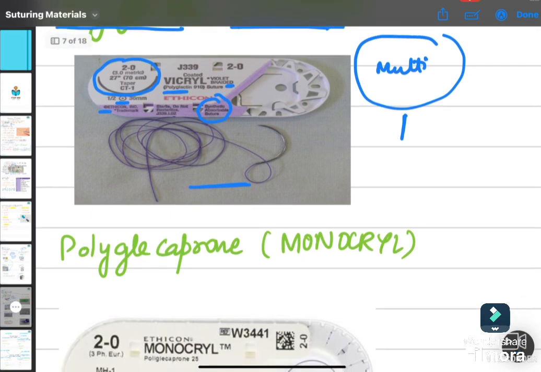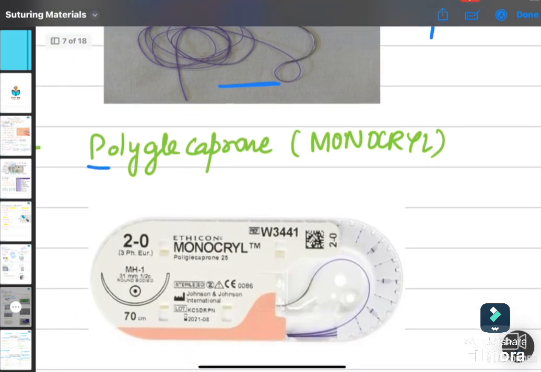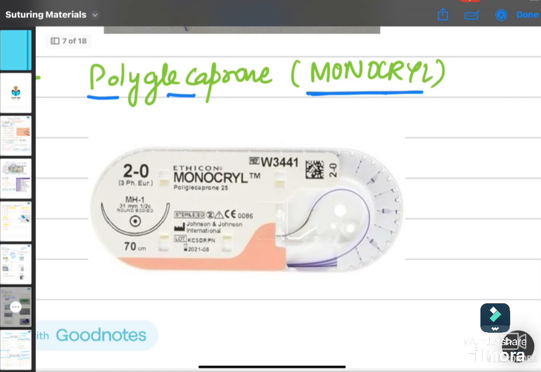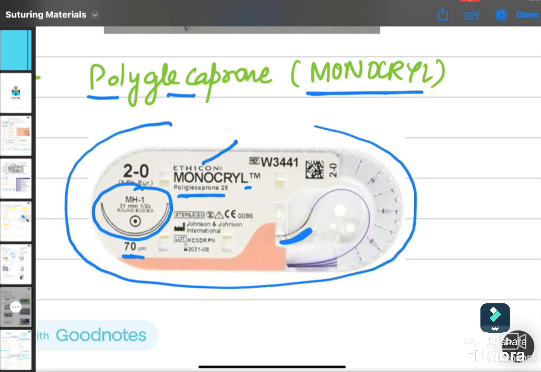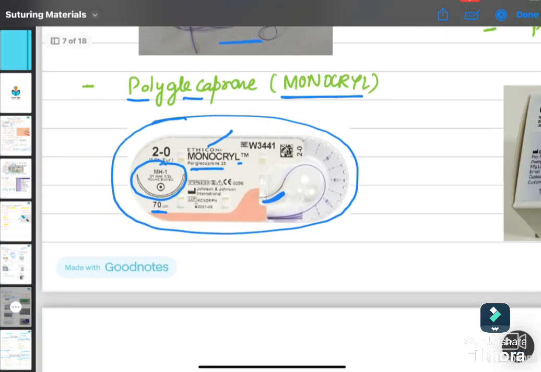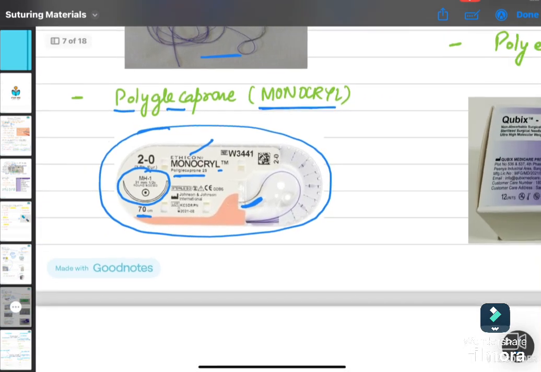Okay, it's Vicryl. Polyglecaprone or Monocryl. See again the needle details, the length, suture. This is the pickup point where you will be picking the suture. This is the composition, manufacturer. Likewise, for every suture material packed, we will be seeing this format.